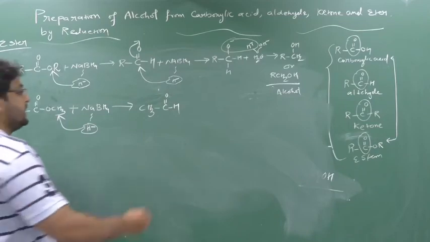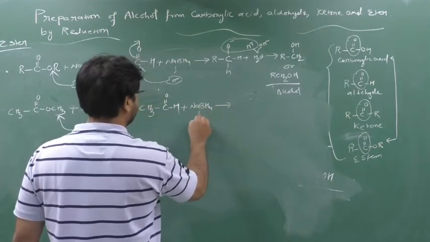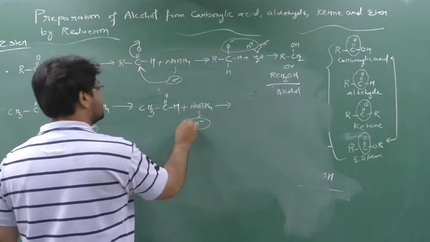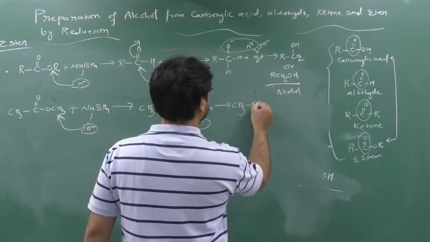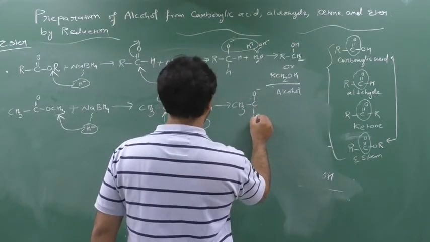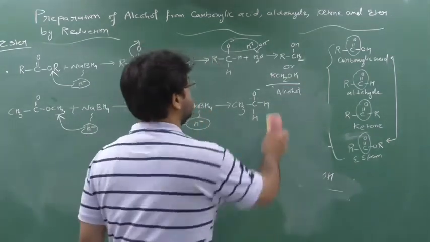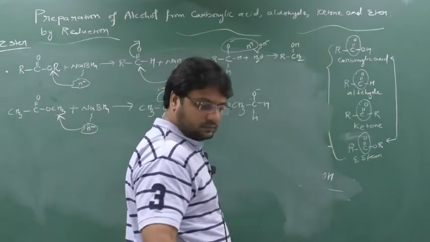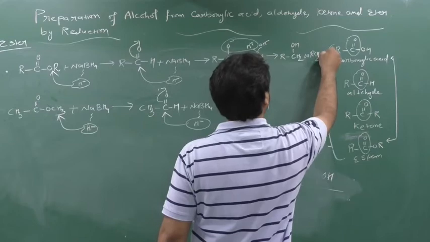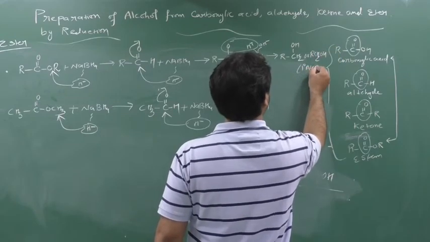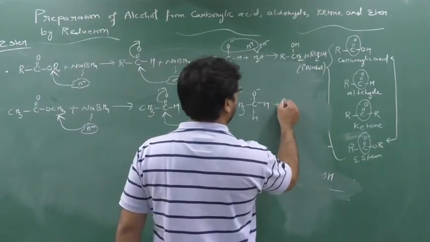Clear? Plus again NaBH4, to generate H minus. This second attack will be on this carbon and this oxygen. So CH3, CO minus, here H and here H. Now next will come water.